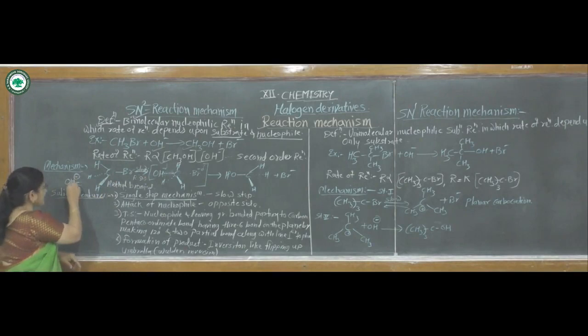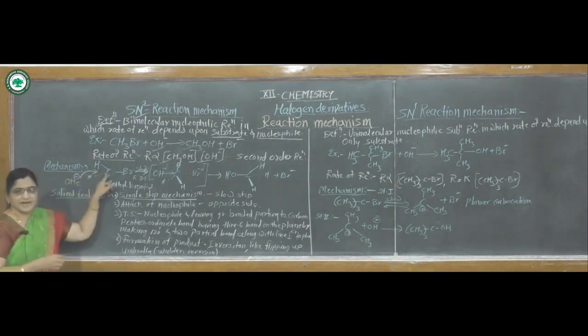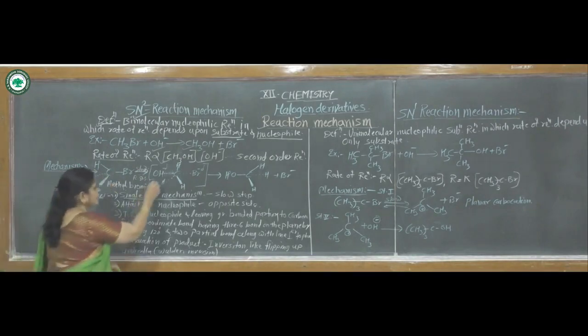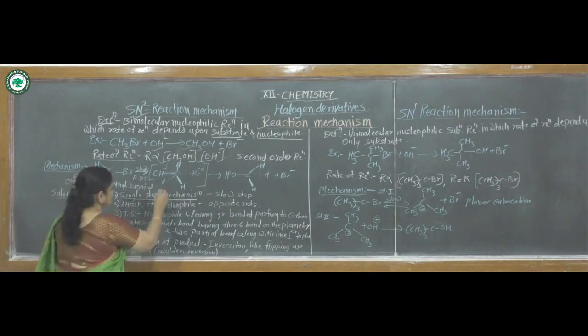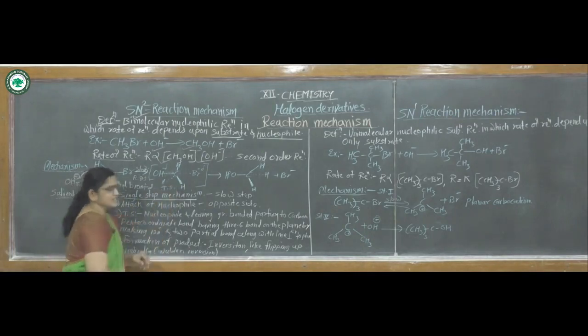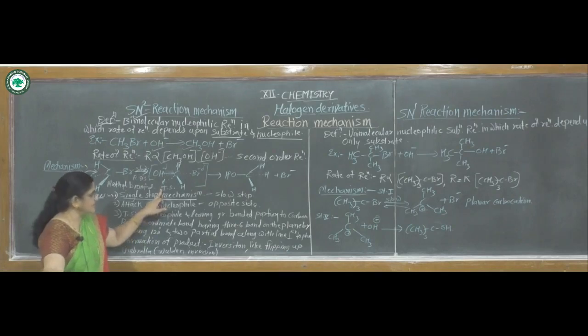Then this OH minus ion attacks from the opposite side, or back side, of the methyl bromide on this carbon atom. Then it forms an intermediate compound, which is called the transition state.